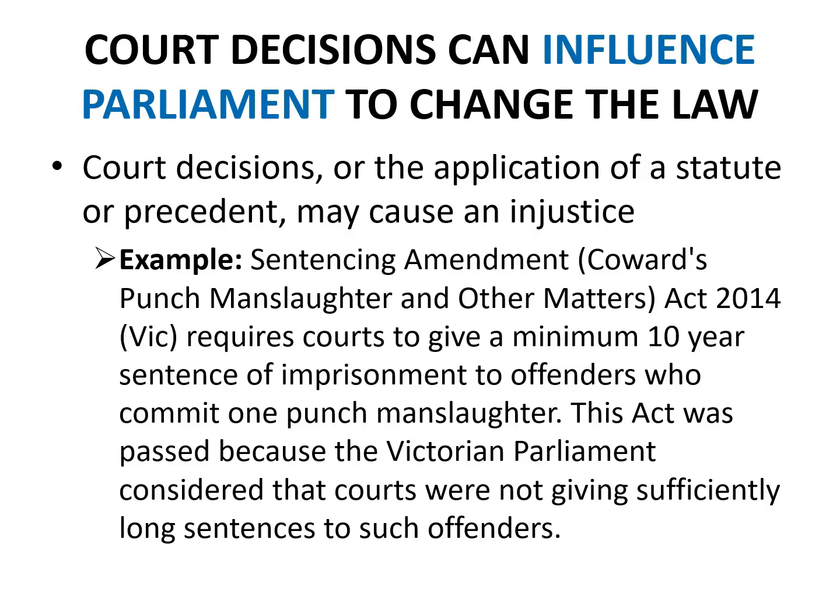Accordingly, the Victorian Parliament passed the Sentencing Amendment (Coward's Punch Manslaughter and Other Matters) Act of 2014, which requires the courts to give a minimum 10-year sentence of imprisonment to offenders who commit one-punch manslaughter.